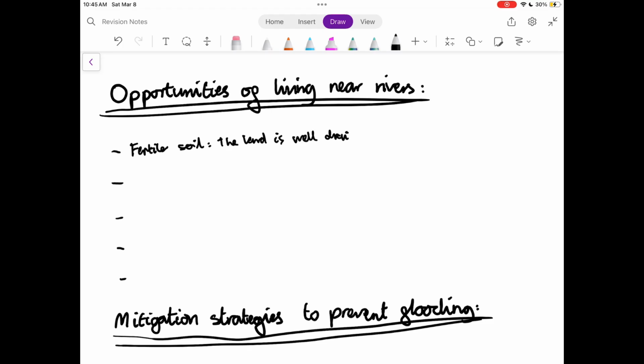So it allows for agriculture and crop growing. So the next it can provide is transport. And this can boost the local economy of the settlement which is located near the river, because it allows for the trading and transport of goods and services.